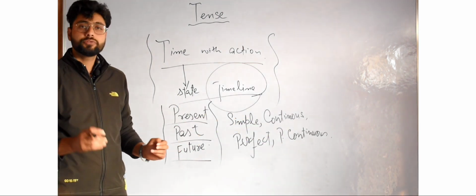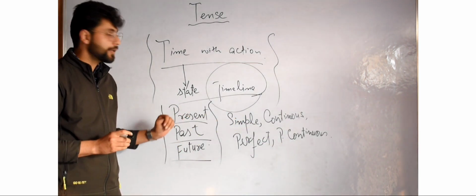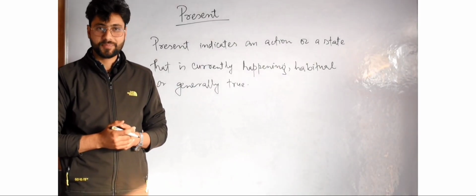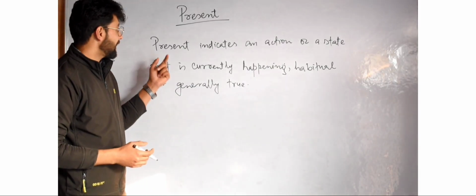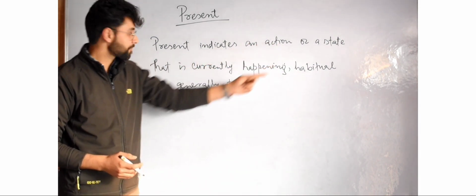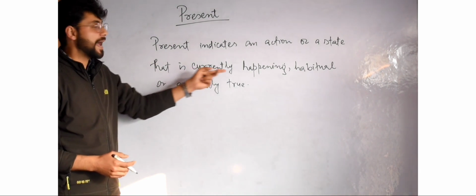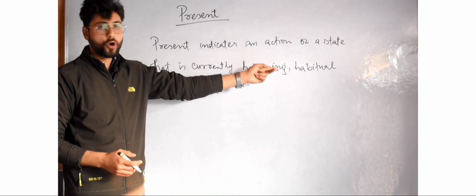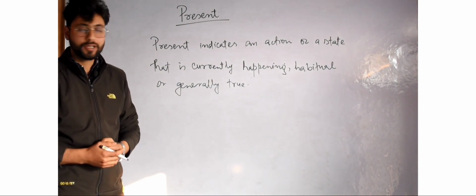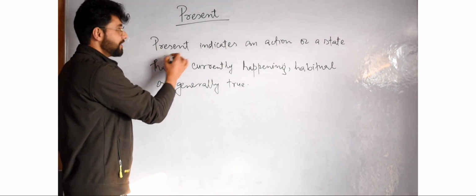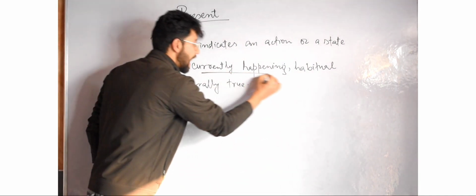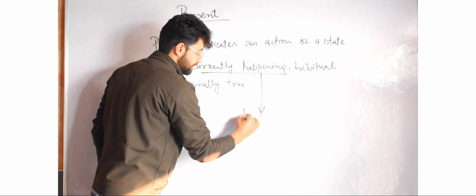Now first we will try to explore the present one. What is present? Present indicates an action or a state that is currently happening, or habitual, or generally true. So present indicates an action or state which is currently happening, which is in progress.